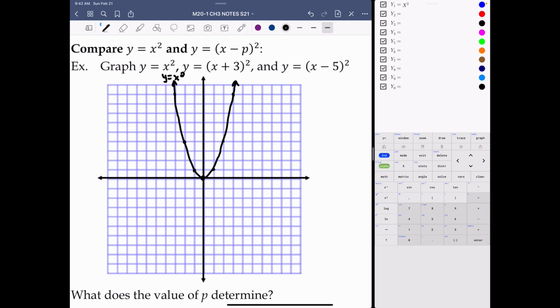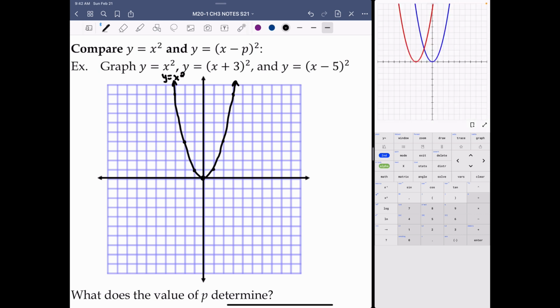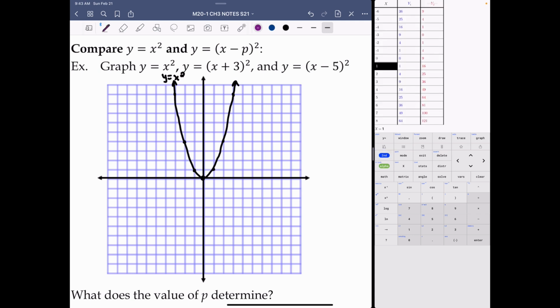Go back to y equals, go down to y2, enter bracket x plus 3 close bracket squared. Graph that. And we see it looks very similar to the first graph, but it's been moved to the left. I can use my table. When x is 0, y is 9. When x is 1, y is 16. That's too big, so I'll go the other direction. When x is -1, y is 4.